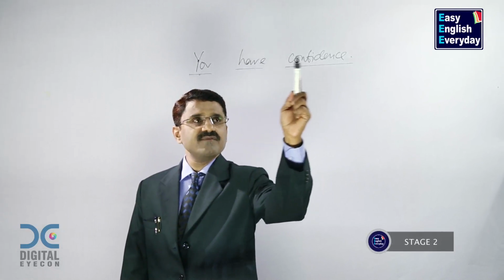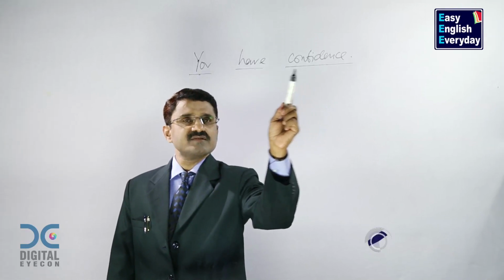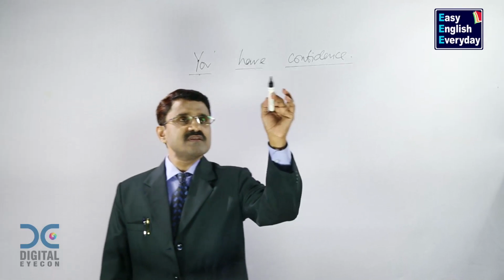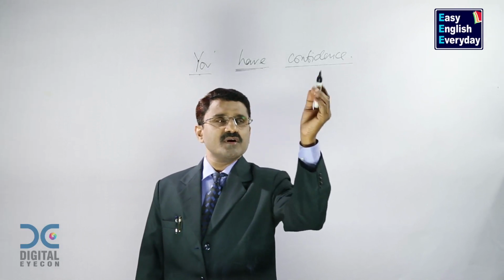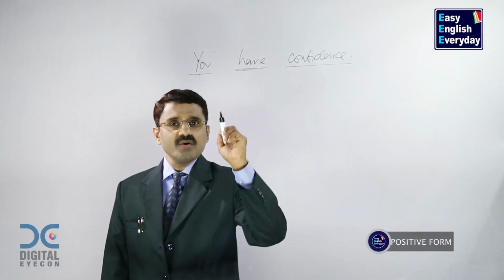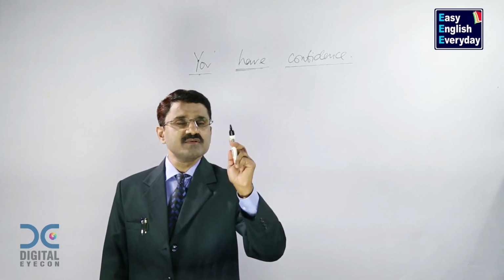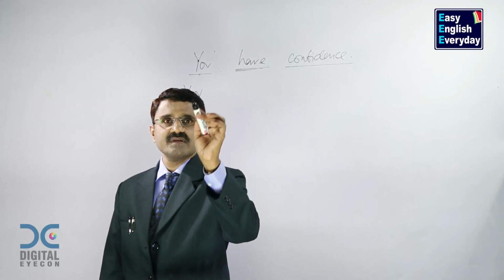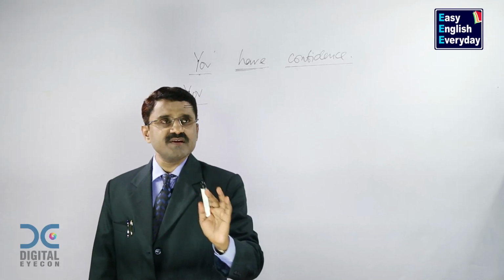Subject, have, noun. This is the position of this person. You have confidence. Now this is called affirmative form, or to put it in simple words, this is called positive form. Now you must learn how to use it in negative form. Keep the person as it is in his place.